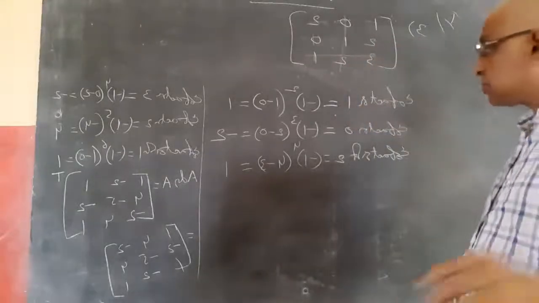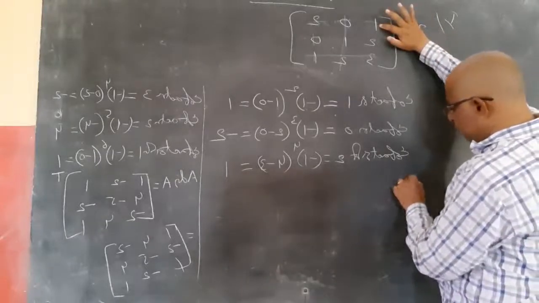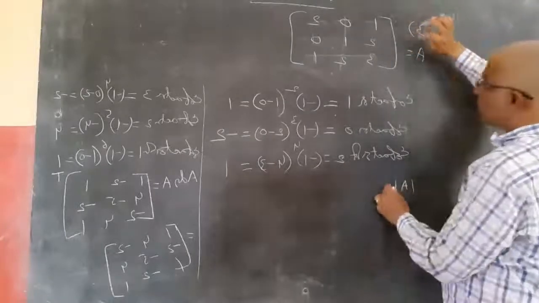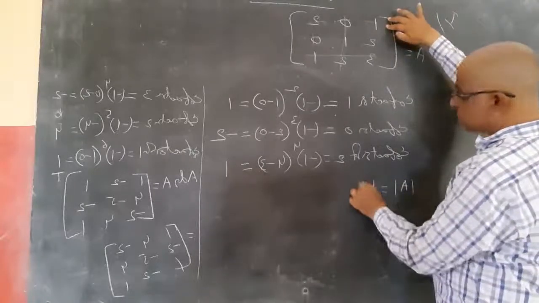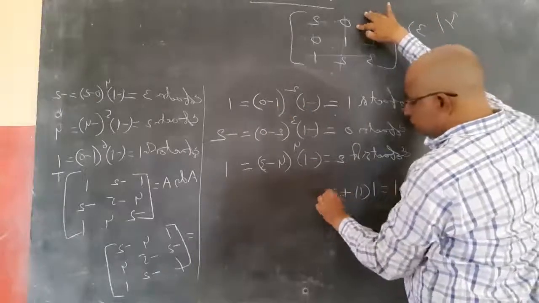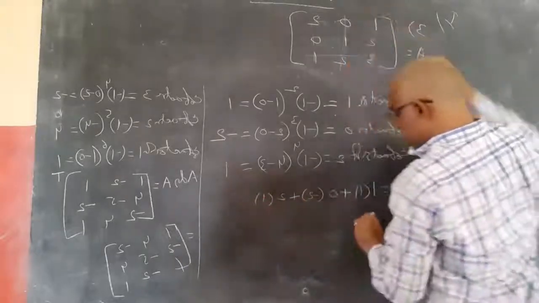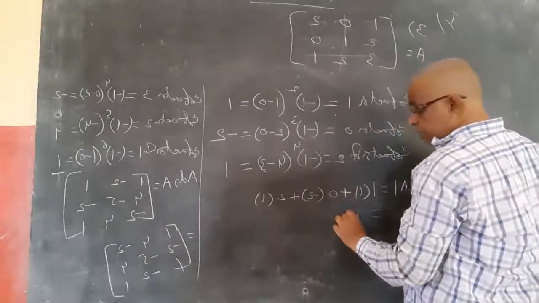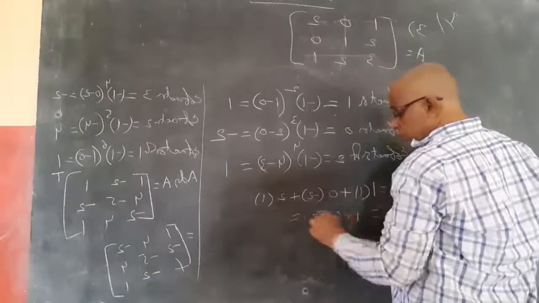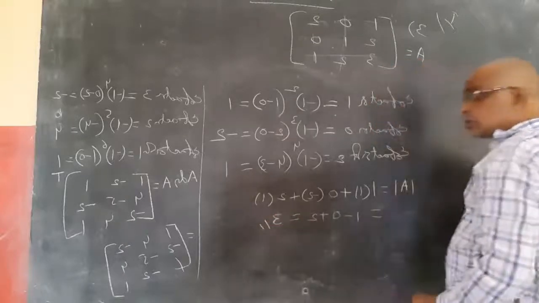So if I take the first row, det A equals 1 into its cofactor 1, plus 0 into its cofactor -2, plus 2 into its cofactor 1. So 1 plus 0, plus 2, which is 3, is your final result. So det A is equal to 3.